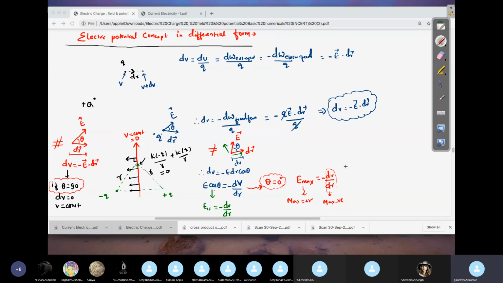Then what can you conclude from here? What is the conclusion? Electric field always acts in direction of maximum decreasing potential.